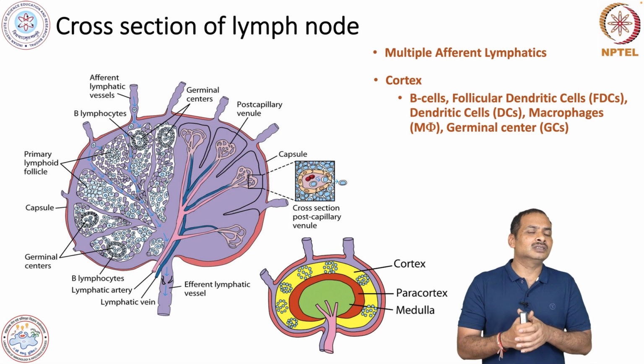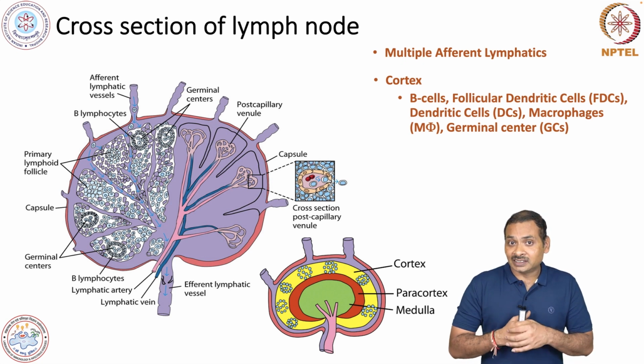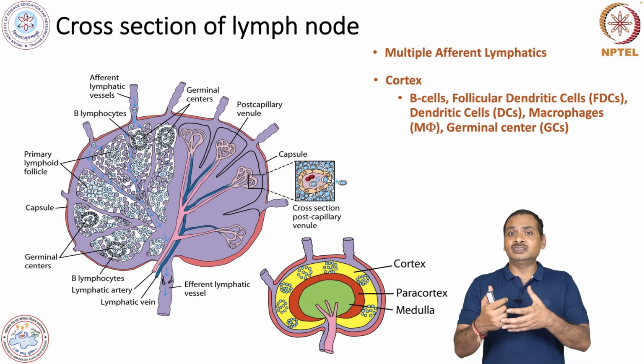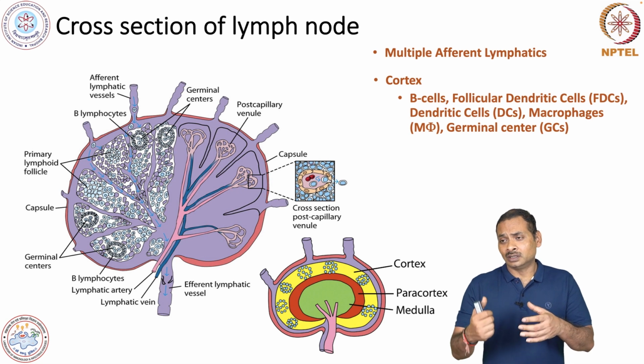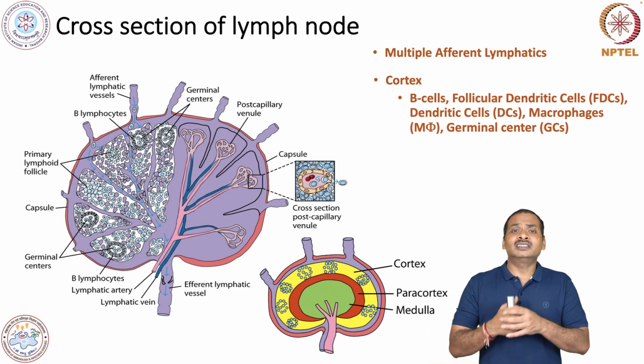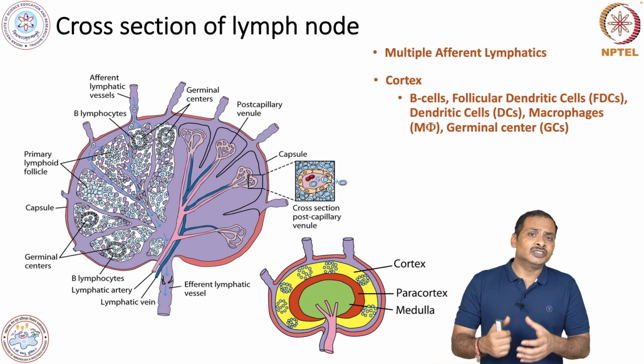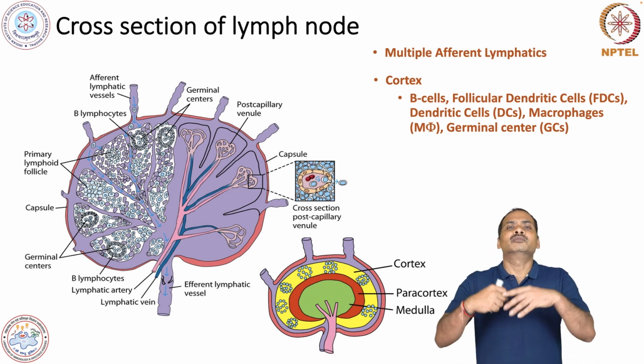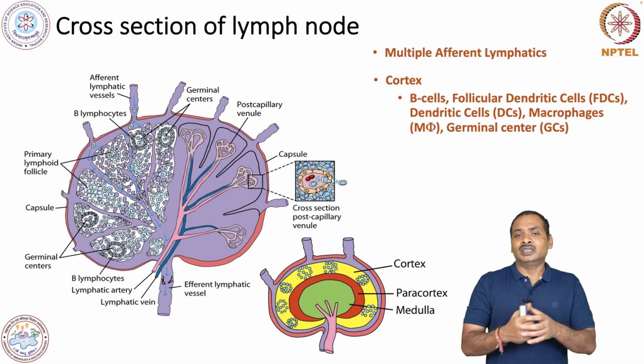But dendritic cells are very good antigen presenting cells. They present the antigen to the T cells, and then there is differentiation of T cells into effector T cells, memory T cells, and so on.